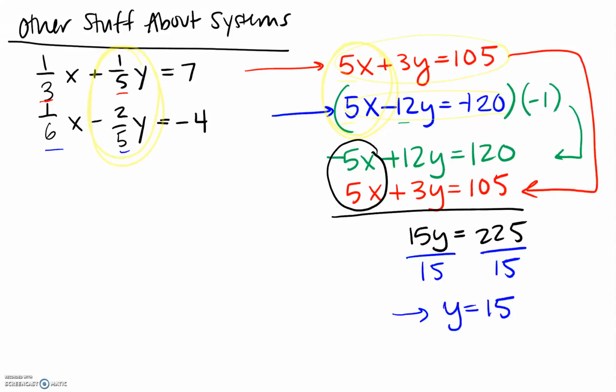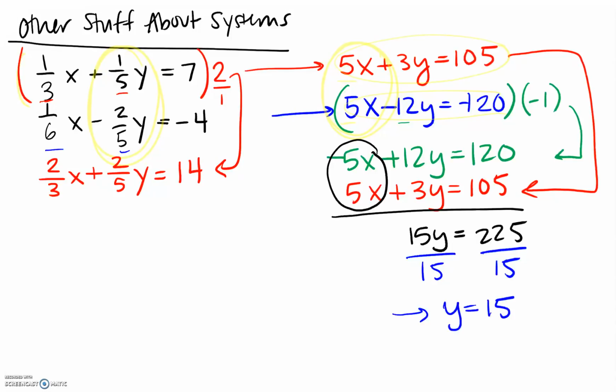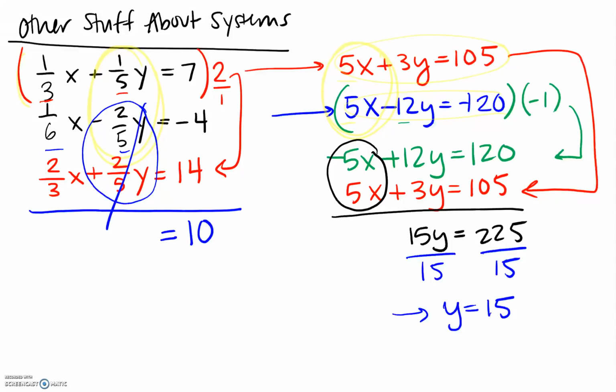In fact, if we just took the top equation and multiplied it through by positive 2, well, the result would be 2 over 3x, right, because this is a 2 over 1, plus 2/5 y is equal to 14. And now look at my new y's. They are opposites of one another. So I can go ahead and add these together. Easy enough on the right side, negative 4 and a positive 14 give us 10. The y's cancel.